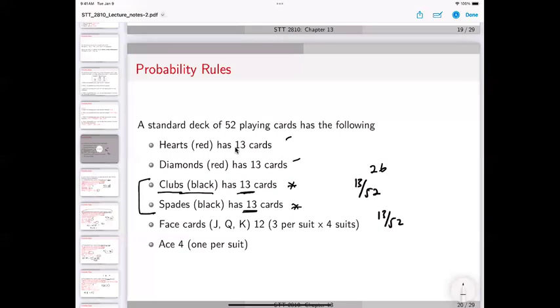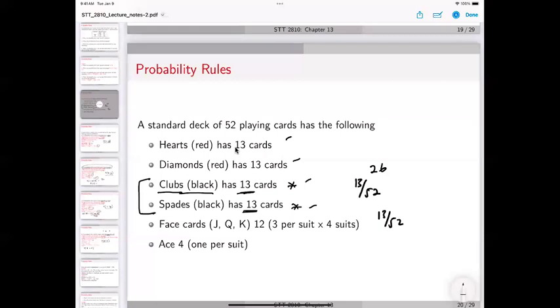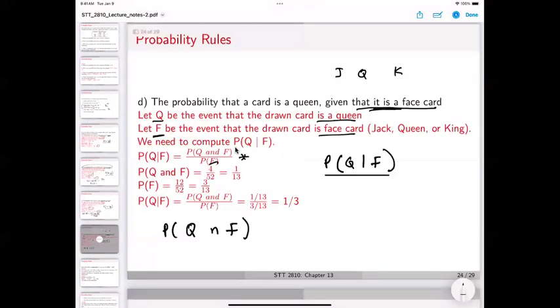You can draw a queen in clubs and also a queen in spades. Does that make sense? That means how many queens can you draw? You can draw 4. Because 1 is in red, you could draw 1 and it's going to be a queen, but it's going to be hearts. You could also draw 1, it could be diamond, it could be clubs, it could be spades. So that is going to give you 4 over 52, which is here.